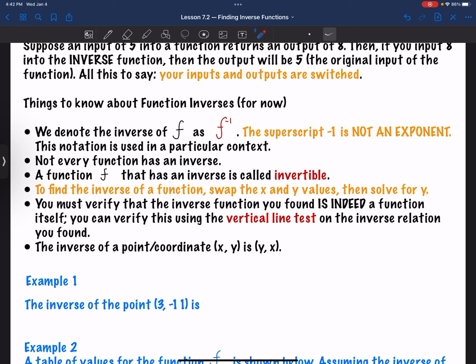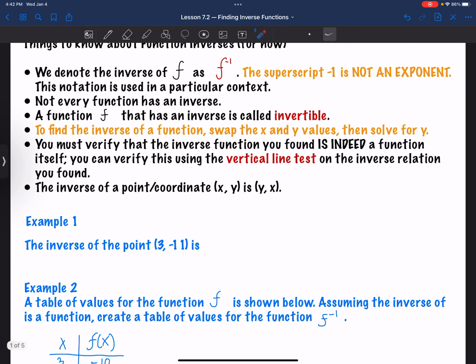Now, the basic thing we're going to be doing in this video is to find the inverse function. The basic process is swapping the x and y values and then solving for y. I will show a couple of examples coming up in just a second. We do want to verify that the inverse function we found is a function, and you can verify this using the vertical line test.